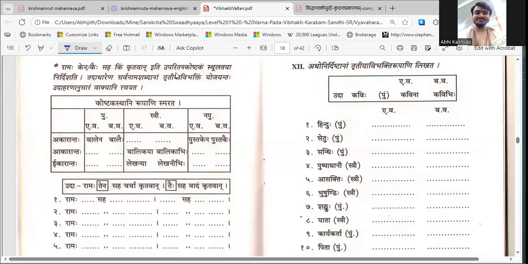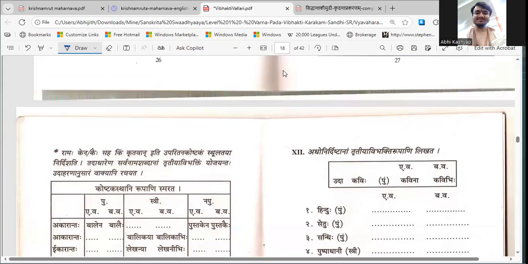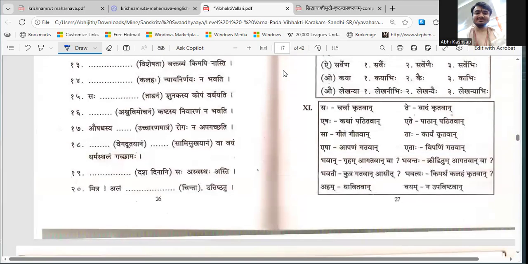So Ramaha Kena or Kaihi Saha Kim Kritavan iti. First, with Rama, who did what? Okay. Ramaha kena kaihi saha, with Rama. Rama did what? With whom? Ramaha kena kaihi saha kim kritavan iti upari Koshtakam. That is Upari, whatever was given in the previous Koshtaka, that we will read.